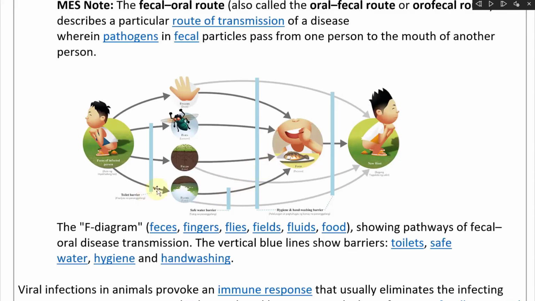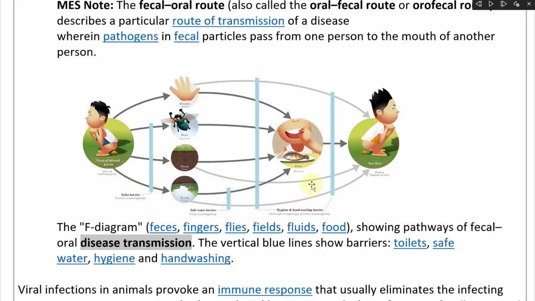The F diagram, the childish diagram right here. The F diagram: feces, fingers, flies, fields, fluids, food, showing pathways of fecal-oral disease transmission. The vertical blue line shows barriers: toilets, safe water, hygiene, and hand washing. So interesting. So you're transmitting disease. All right, that's an interesting concept altogether.